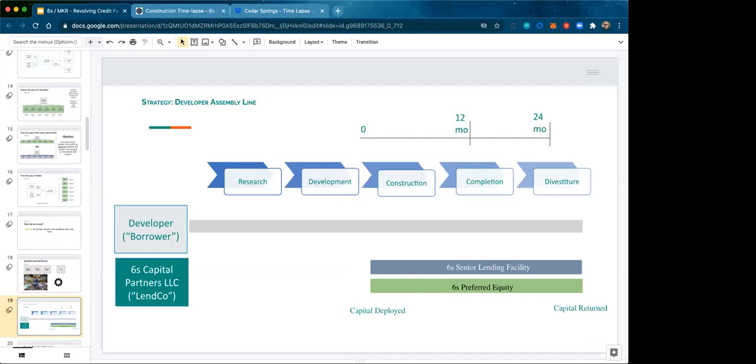We only show up with capital when we have a shovel-ready project, when the lender can have a senior lien on the project and a general contractor is committed to do the project. Projects can last anywhere between 6 months to 18 months, and between 18 to 24 months is the divestiture period. And at that point, all capital is returned and recycled.